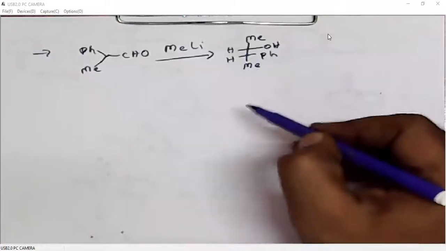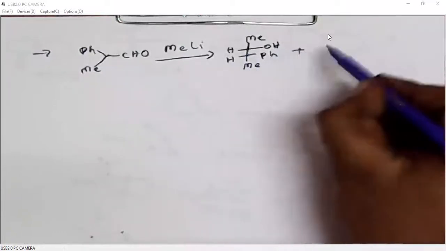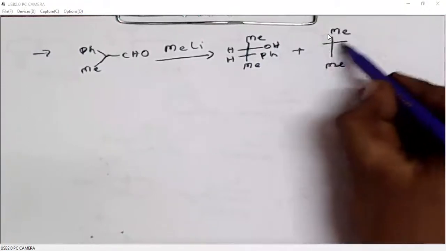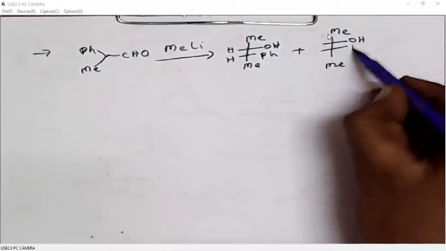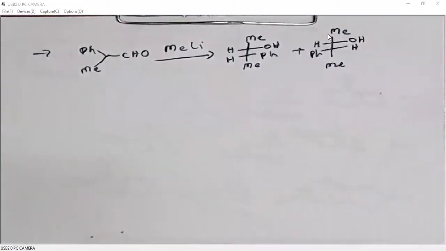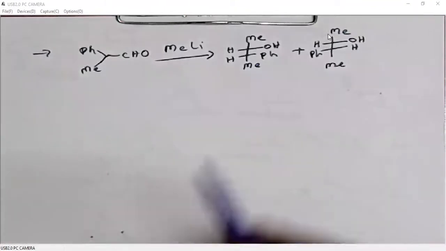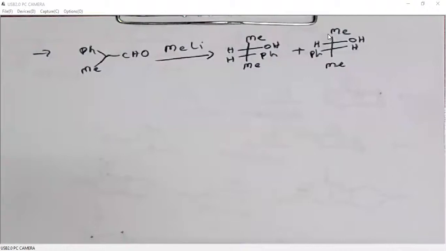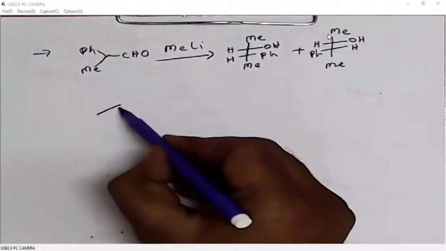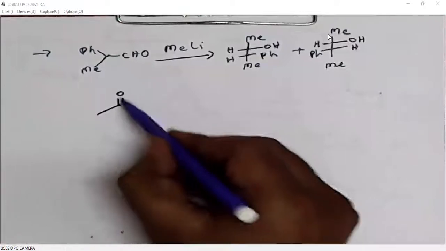One is cis, another one is trans. Now, which one is major, which one is minor? It is very simple to predict the major and minor products here. Just take the chair conformation.